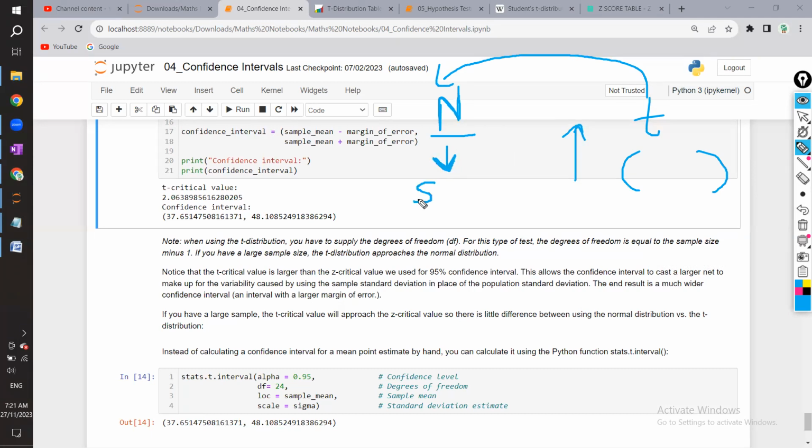We can get the standard normal distribution, right? Yes. From the standard normal distribution only, we will get something called Z critical value. Because this is not possible, we are settling for T critical value.